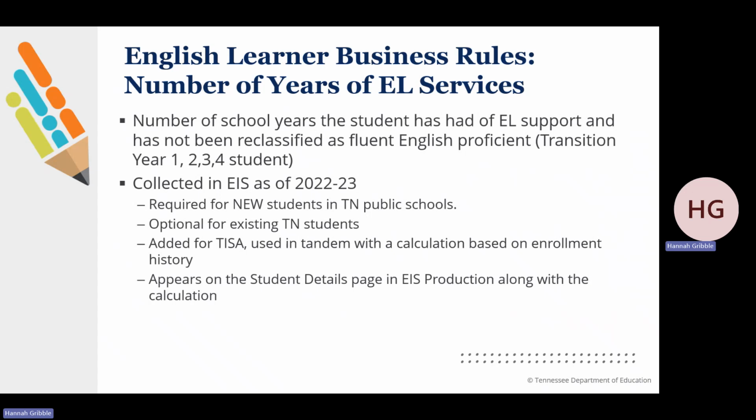It is required for new students in Tennessee public schools. It is optional for existing Tennessee students. It was added for TISA, used in tandem with a calculation based on enrollment history. It appears on the student details page in EIS production, along with the calculation.